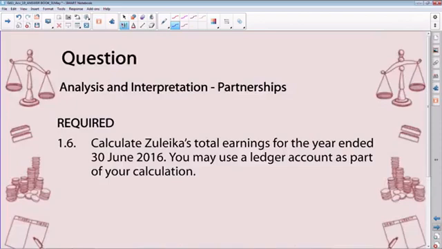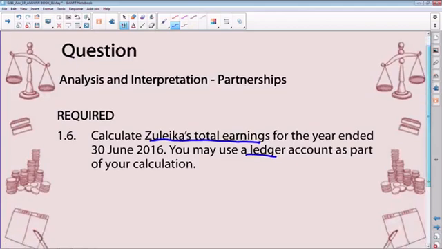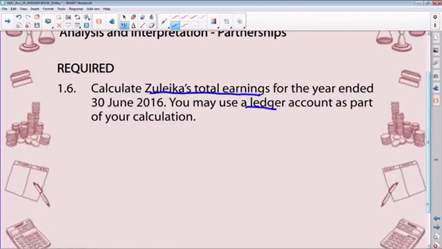1.6, calculate Zuleika's total earnings for the year ended 30th of June 2016. You may use a ledger account as part of your calculation. Right, so that's obviously helping us because it's giving us a hint that if we reconstruct a ledger account, we will be able to calculate the total earnings by this particular partner.